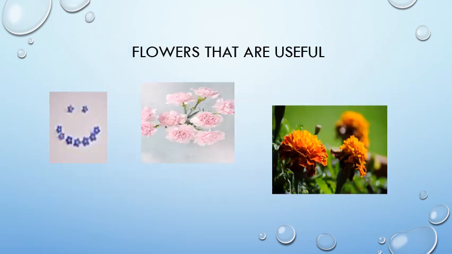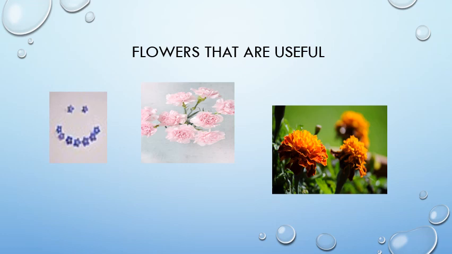Now coming to the flowers, you can see these are some examples of flowers, which are the pictures showing the different uses of flowers which are useful to us in different ways. So the first flower you can see is a clove, the second the rose.